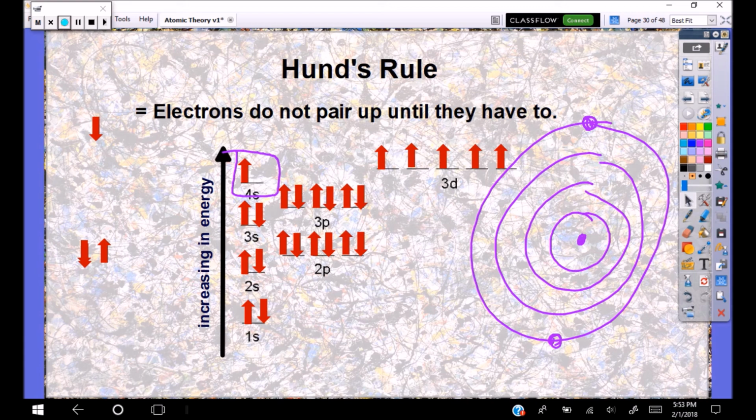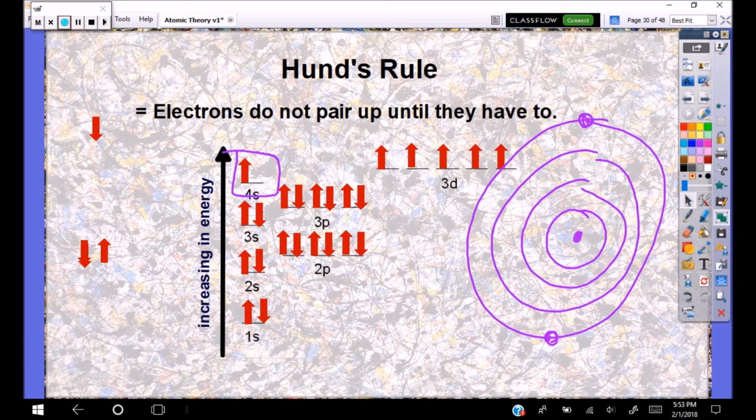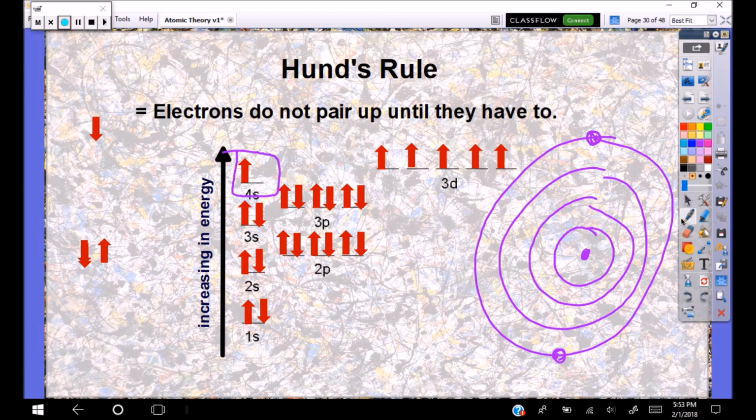And the reason why it does that, you have to remember about the internuclear distance. If we're looking at the distance between our nucleus and our outer electron, the distance from here to here is a lot greater than the distance from here to here. And I know that's obvious because I didn't really draw to scale, but things in the third energy level are a lot closer to the nucleus than things in the fourth energy level.